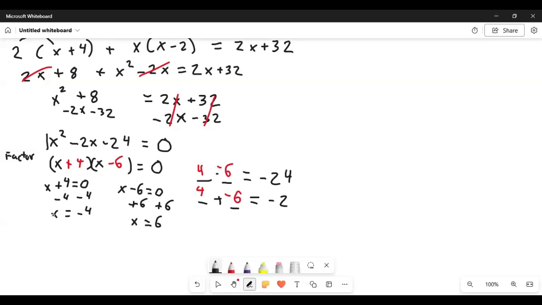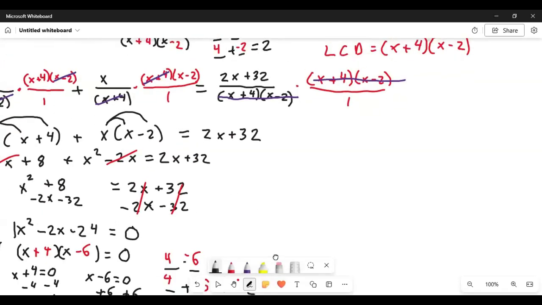However, make sure you do the last step. The last step is to check your answers. If all your math was right, really the only thing you have to check is to make sure that neither of these answers makes you divide by 0 in the original problem. So we have x equals negative 4.